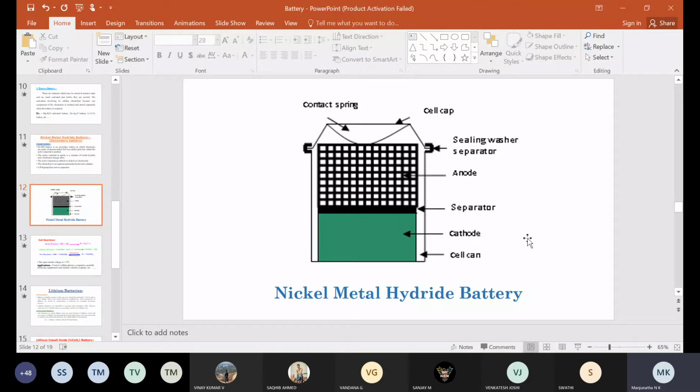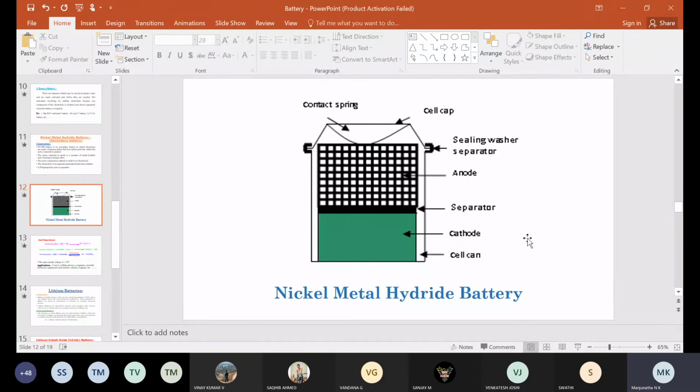Construction. Anode, put a hyphen. Write down metal hydride with hydrogen storage alloy. Second one, cathode.